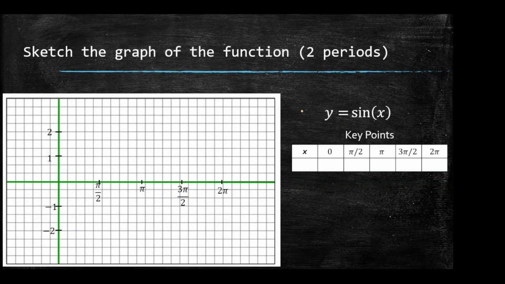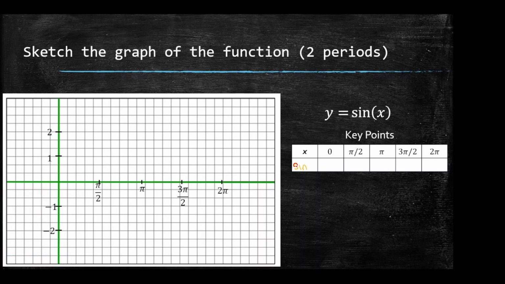Let's sketch some graphs, because why not? We'll start with the sine function without anything in here. I'm going to plot some key points. So this is my x value, and my other column here is sine x. Can you read that there? Is that too faint? Maybe we should go red, a little darker. Let's try that.